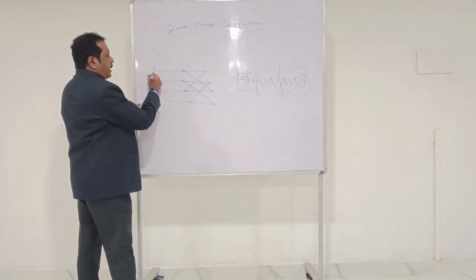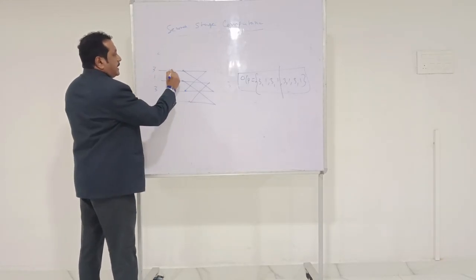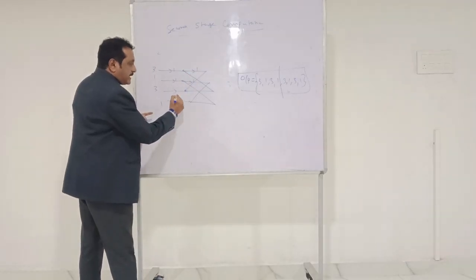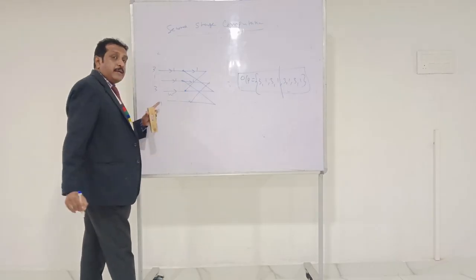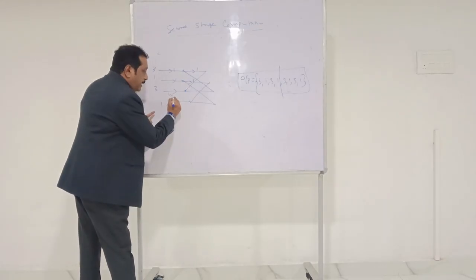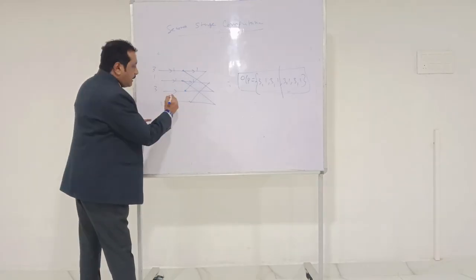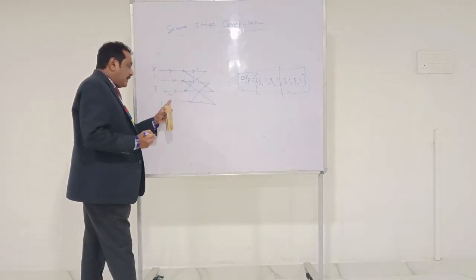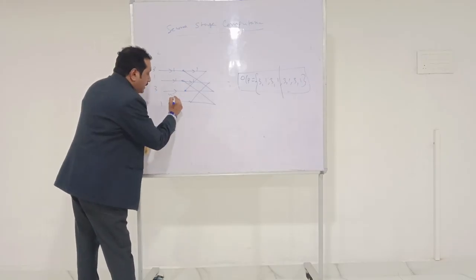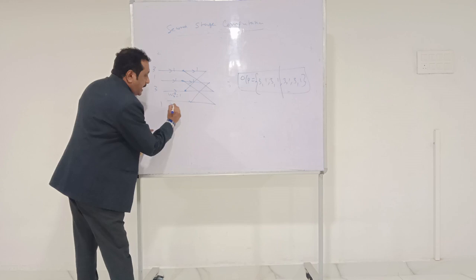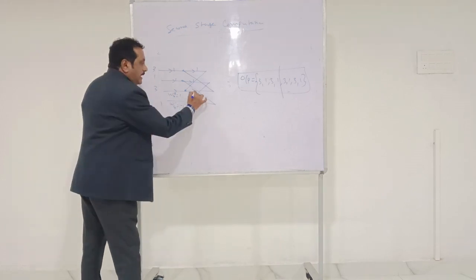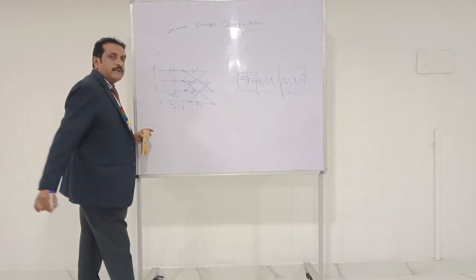The input is 3 1 and 3 1, the multiplication factor is 1 1 1 1, and here the twiddle factor is W N by 2 power 0, W N by 2 power 1. So N is 8 here, so W 4 power 0, and W N by 2 is again W 4 power 1. W 4 power 0 is 1 and W 4 power 1 is minus j. That value is minus j. Here it is minus 1 and minus 1. We'll get.